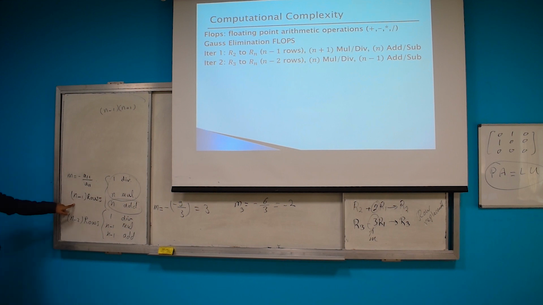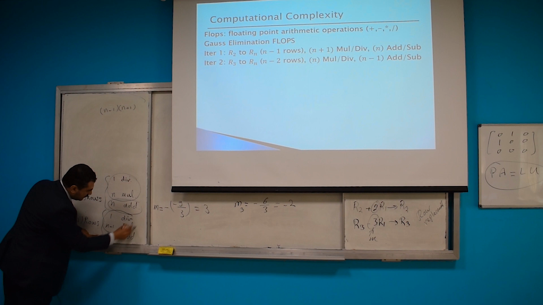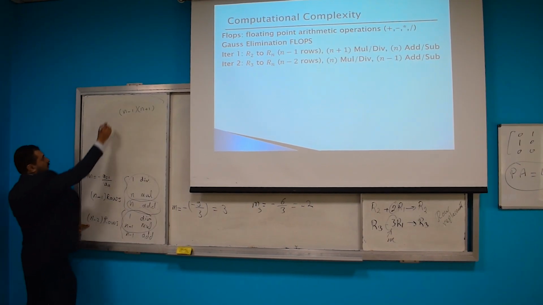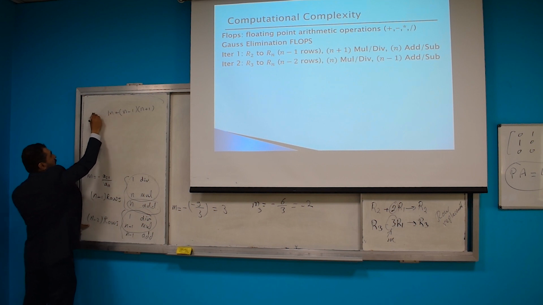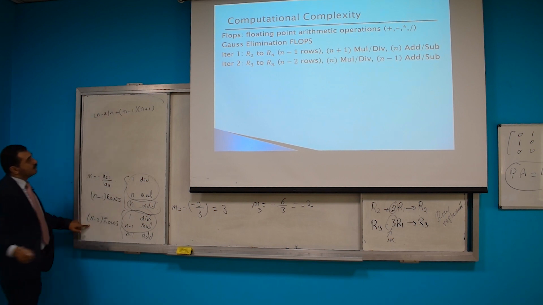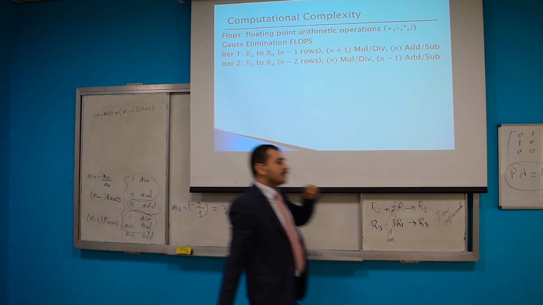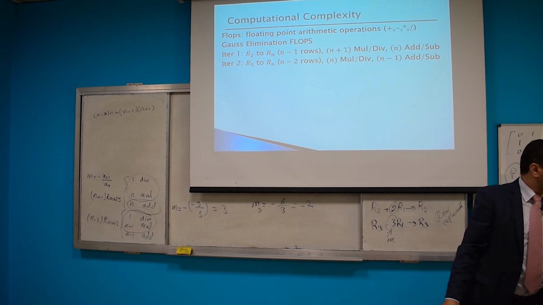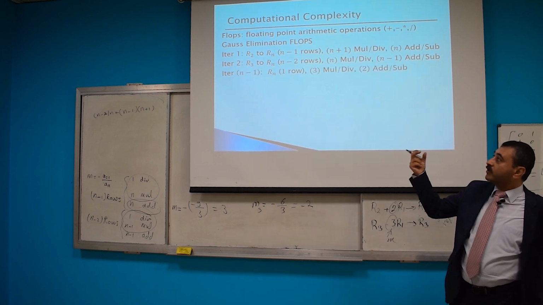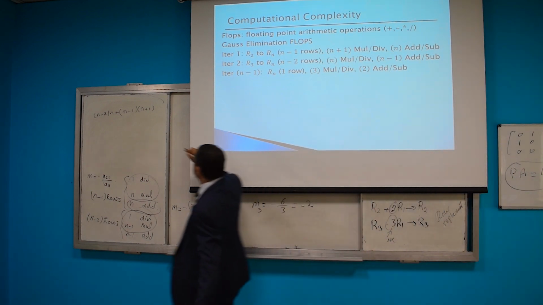This is in the first iteration. In the second iteration, you have n multiplied by n minus 2. Until the last iteration. In the last iteration, you will find that it would be 1 row. You are going to operate only on 1 row, and you will have 3 multiplications and 2 additions.